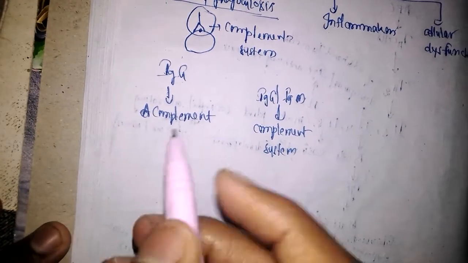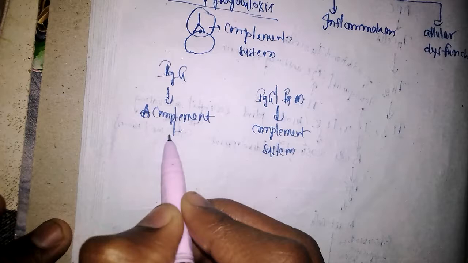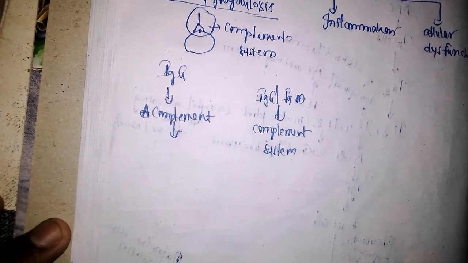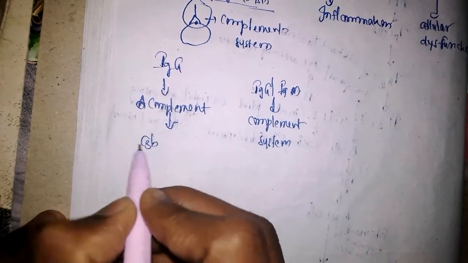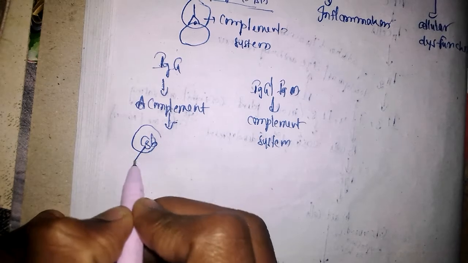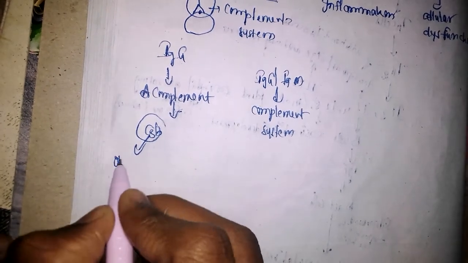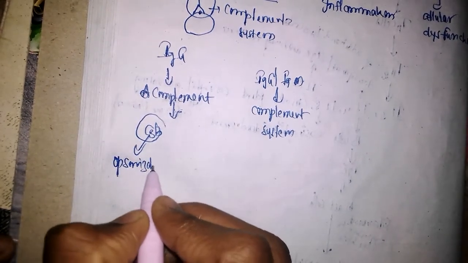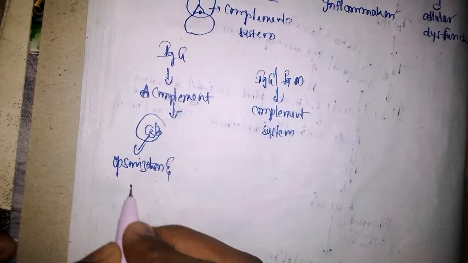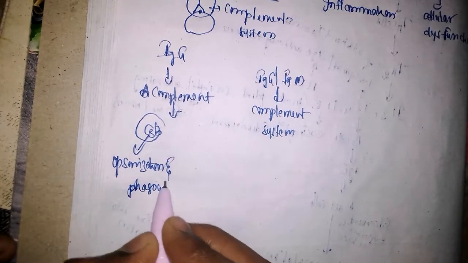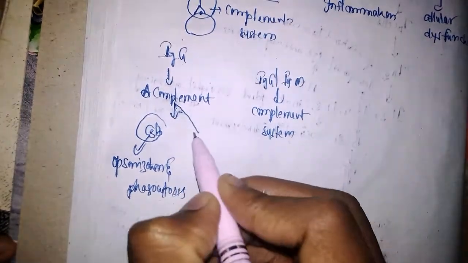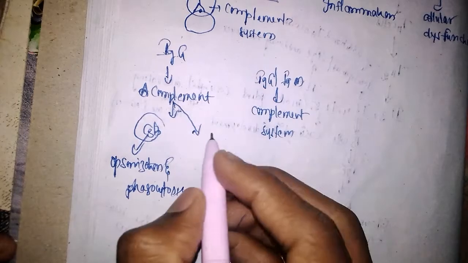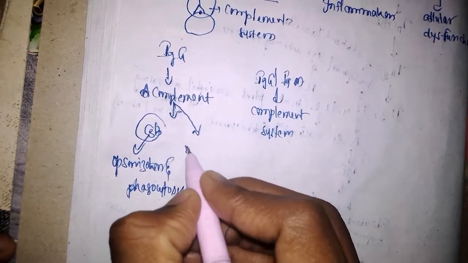When the complement system is activated, during the process of complement activation some mediators will be activated, like C3b. This C3b will act as further opsonization and activate phagocytosis. Or otherwise, during complement activation, membrane attack complex can form.